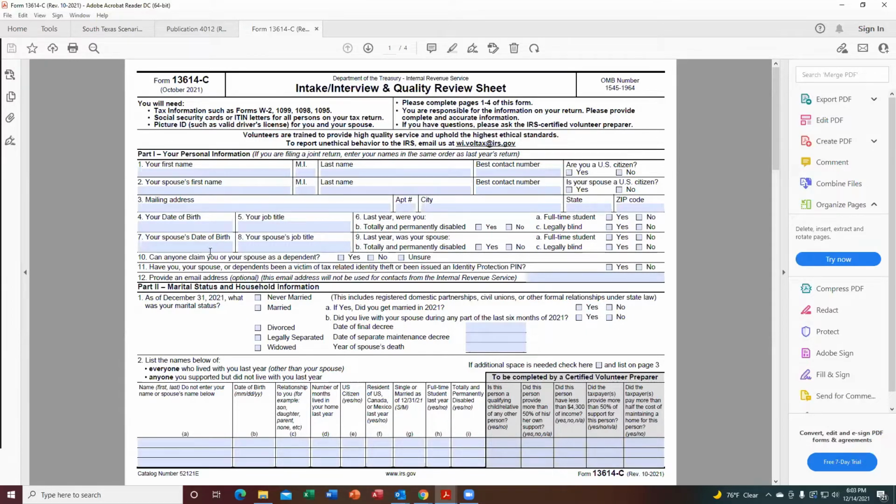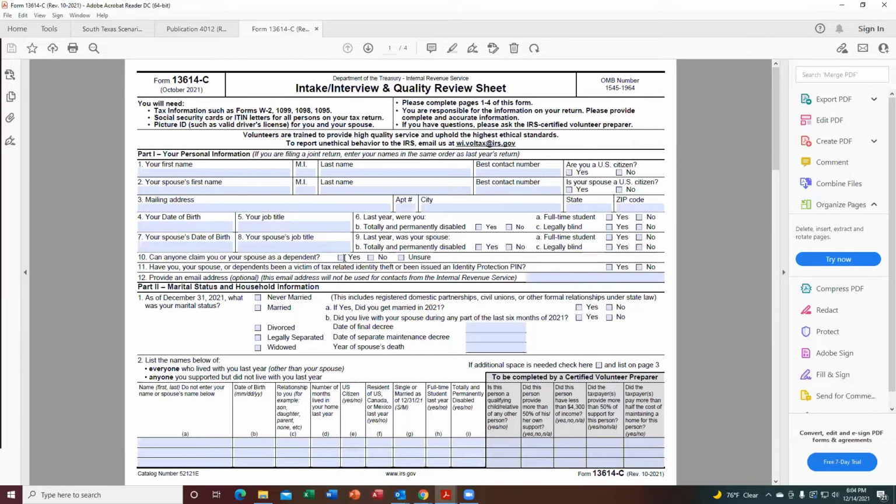So again, the client will fill this out, okay? It's very important on number 10. I know for us at our site, number 10 is extremely important, especially when we're dealing with young taxpayers who are in college or university, and they don't understand the importance of question number 10.